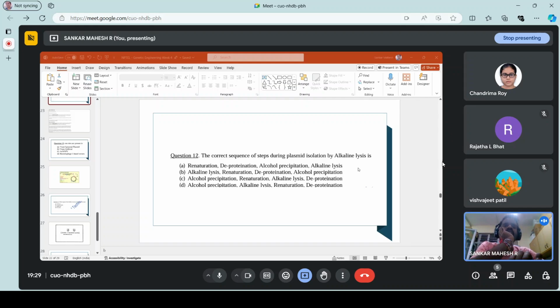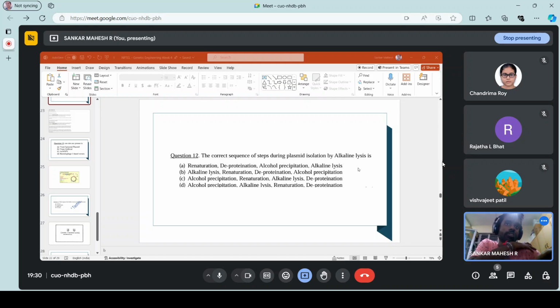So the question was why we do alkaline lysis, right? You can think about it this way. You have a cell that can be broken apart by any method. You can use physical methods like sonication also to break open the cell. So it is not for breaking open the cell. Rather, the plasmid DNA is very small compared to your genomic DNA.